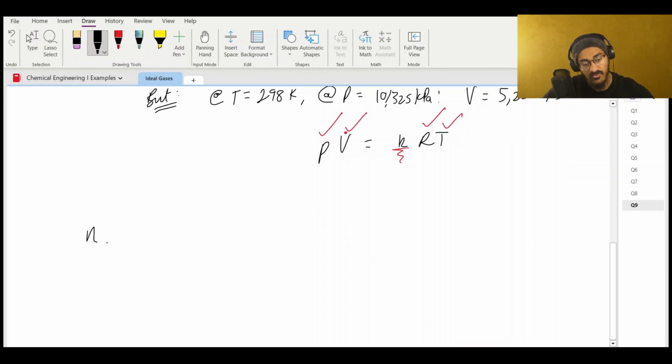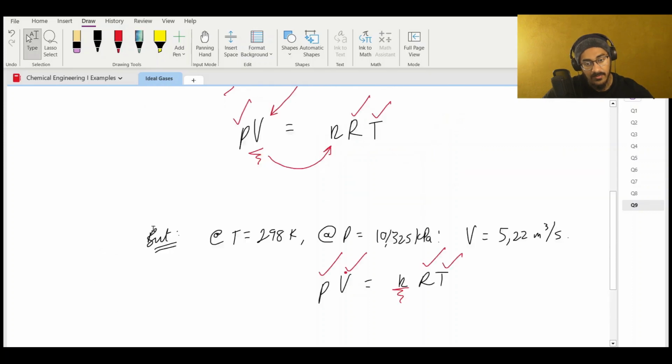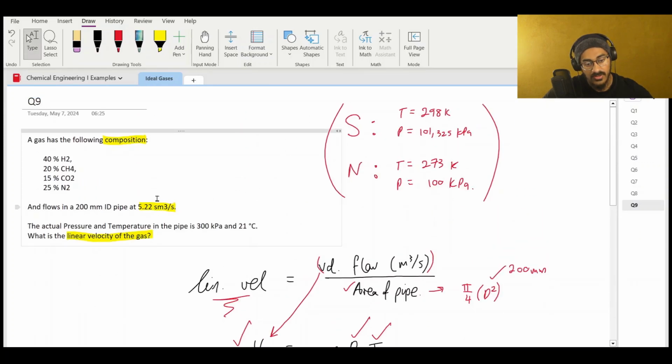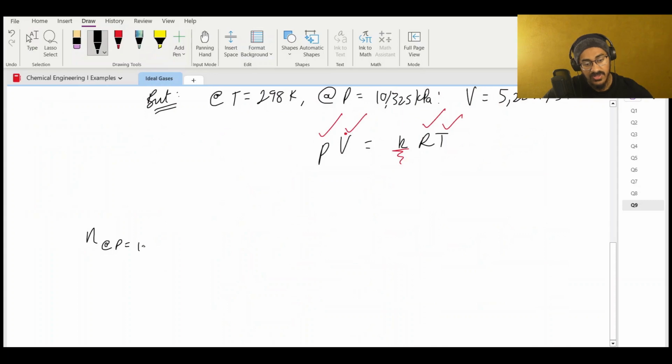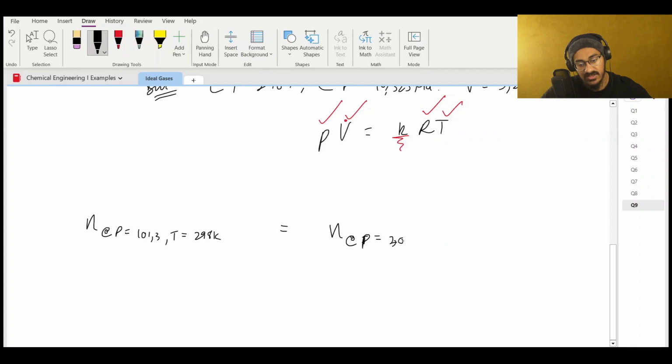So I'm going to say the number of moles at P equals, what was the pressure up here? Standard conditions, right? So at P equals 101.3 and T equals 298 Kelvin, that is exactly the same as the number of moles at pressure equals 300 kPa and temperature equals 21 degrees Celsius.